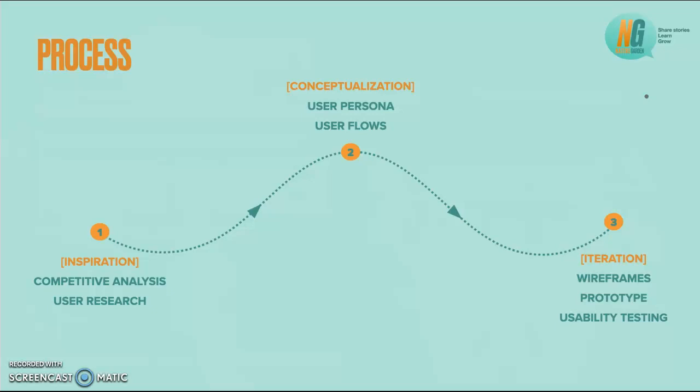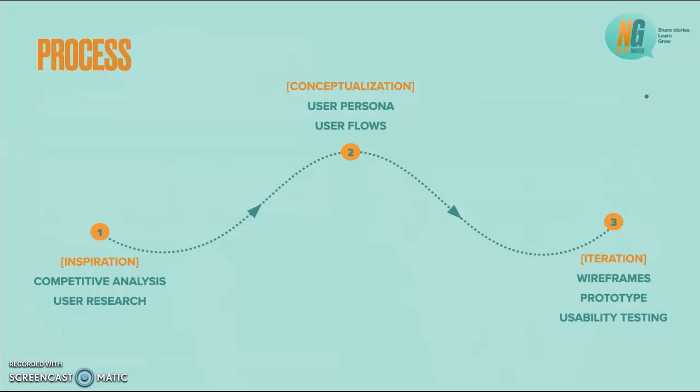I then wrote user flows, wireframes, and a prototype, developed with the Marvel application. Thanks to this prototype, I was able to make a usability test, and thanks to this testing I understood how many mistakes I made, but it was really important for me to understand them too.